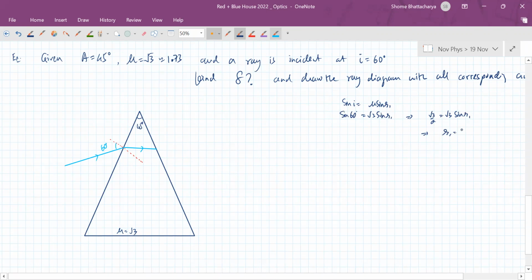So R1 comes out to be sin inverse of half, or 30 degrees. So this angle comes out to be 30 degrees.